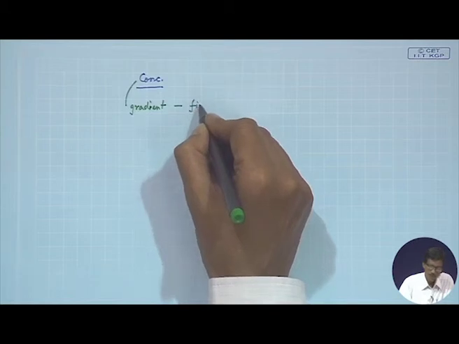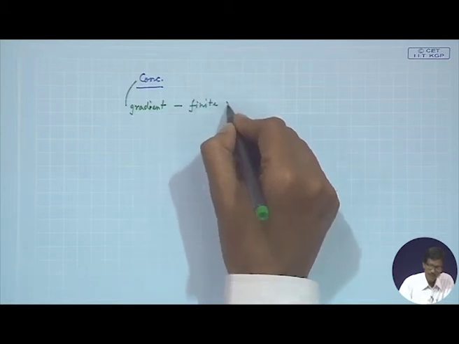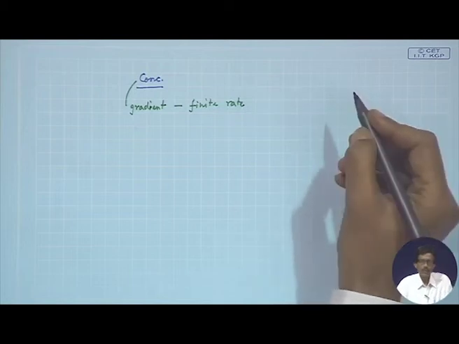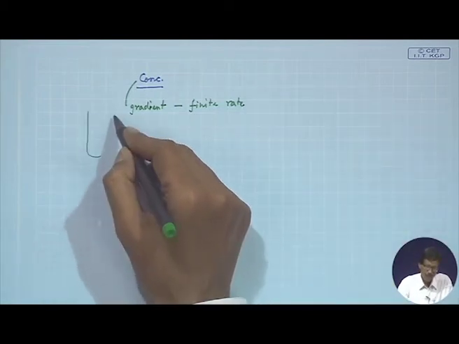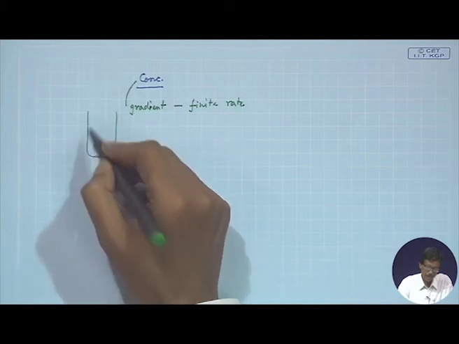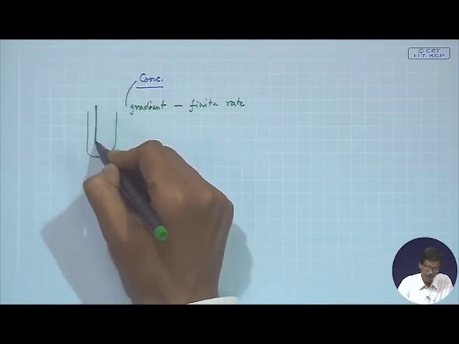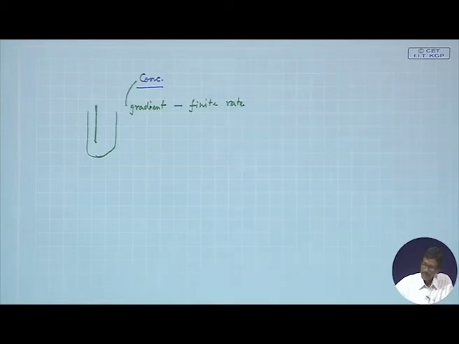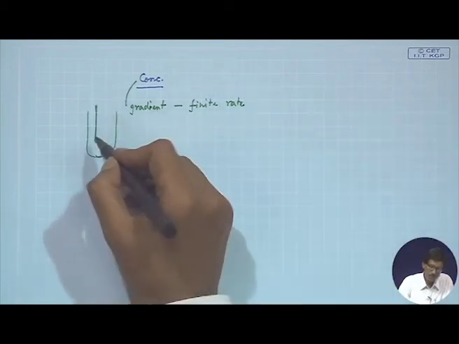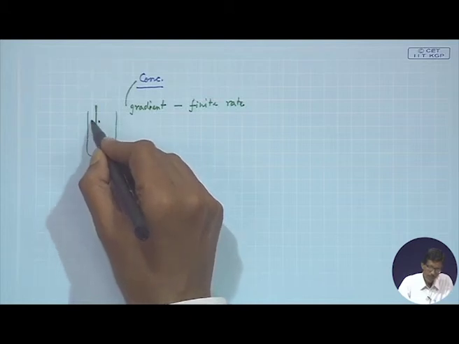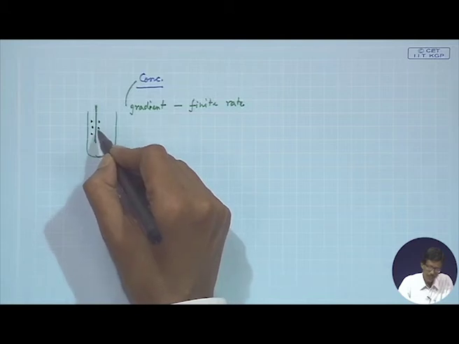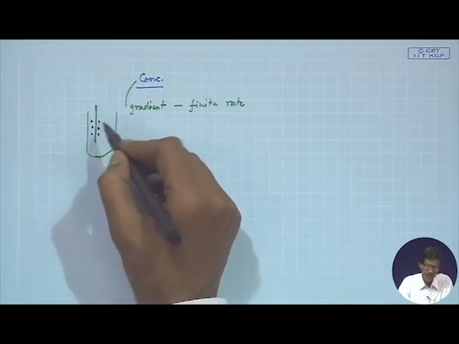So, there will be a finite rate for the mass transfer, because what we see is that if you have the cell, an electrode is dipped inside, and that electrode is responsible for the reduction of the species which are nearby.